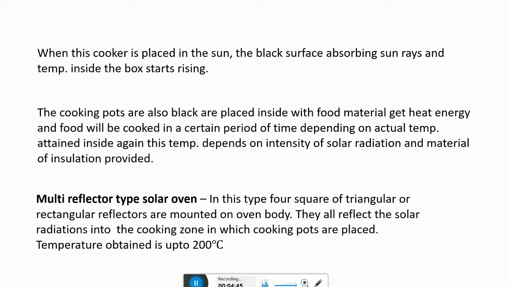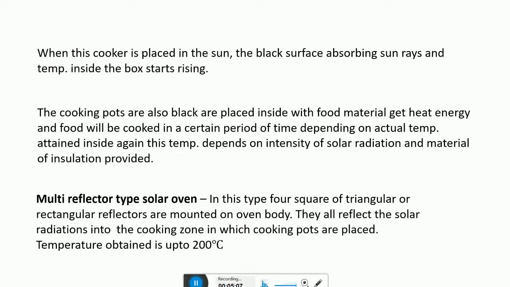The temperature attained depends on the intensity of solar radiation and the material of insulation provided. The solar radiation intensity can be increased by providing mirror or mirrors. So this is about the flat plate box type solar cooker.